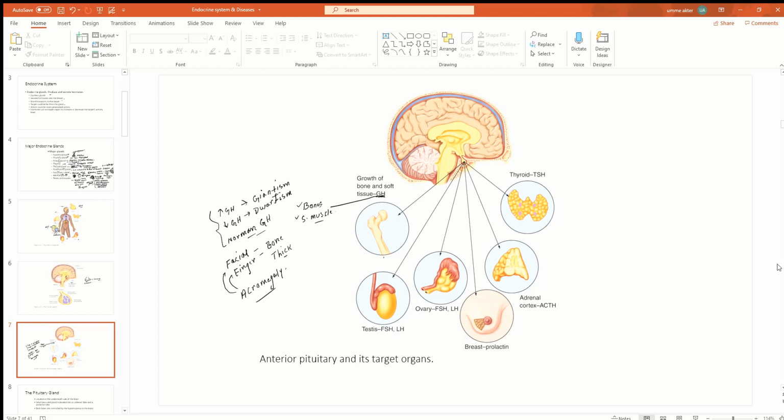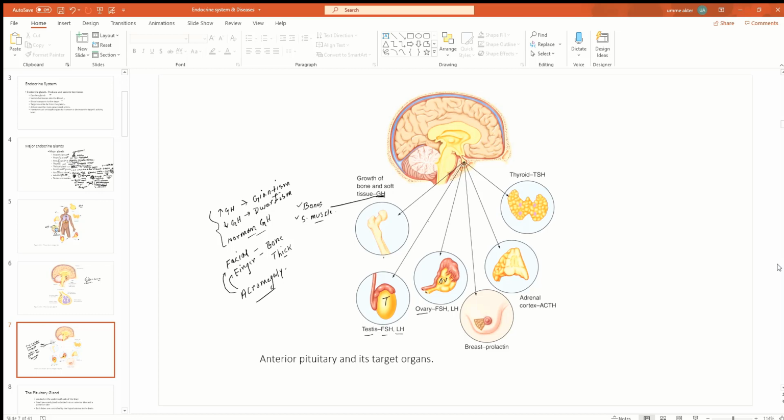Then follicle stimulating hormone and luteinizing hormone work on the gonads, testes and ovaries. They come from the pituitary and help in the growth of the sperm and ovum.